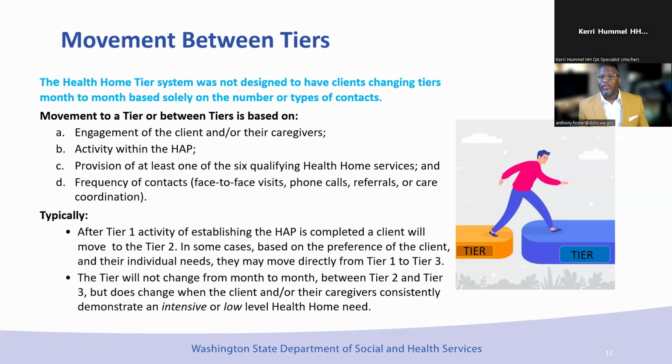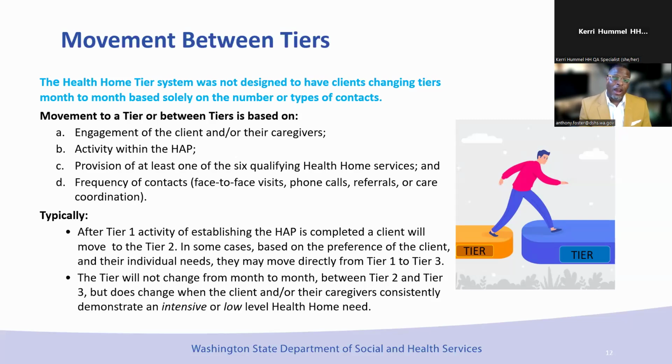In a nutshell, a face-to-face visit does not necessarily indicate that a person is a tier 2. What does indicate it is the engagement or the lack thereof, the type of activity that is happening, the type of goals and action steps you're working on, and the client's conditions. All of those things, as we talked about before, will indicate what tier you would bill.